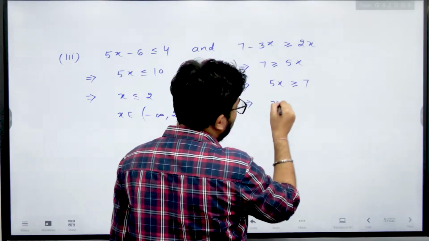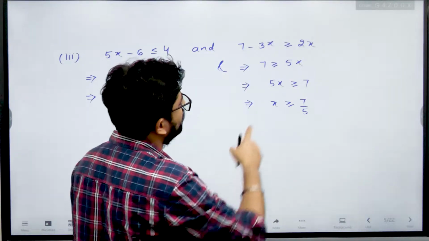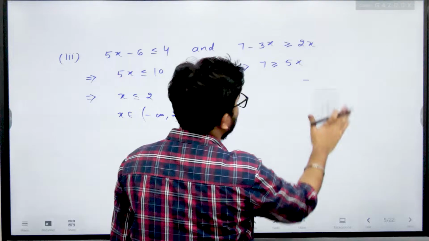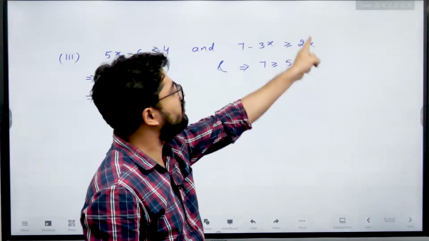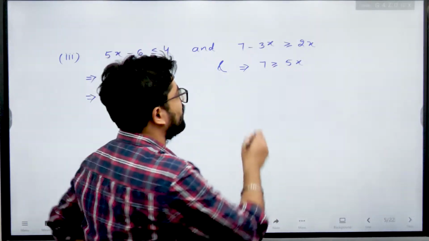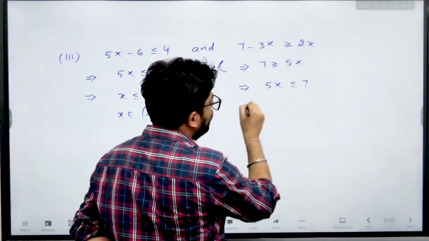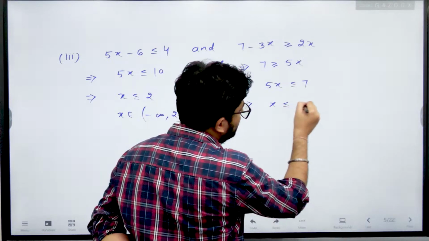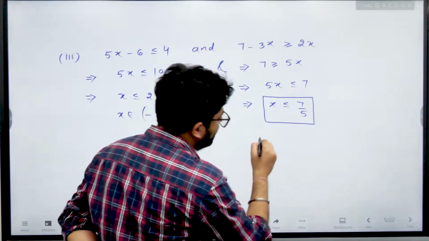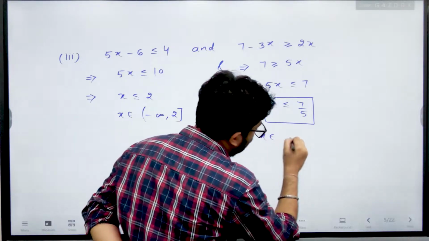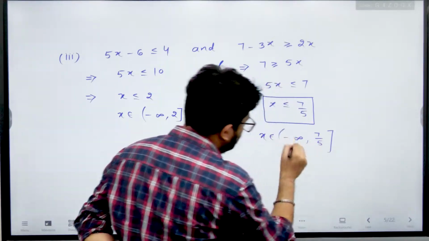From here, x is less than or equal to 7 by 5. So x belongs to minus infinity to 7 by 5 closed.